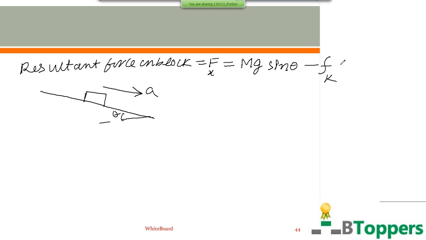So by Newton's second law, the resultant force on the block can be written as the product of its mass and acceleration. So you can write it as ma.